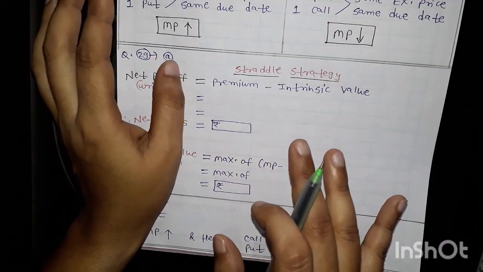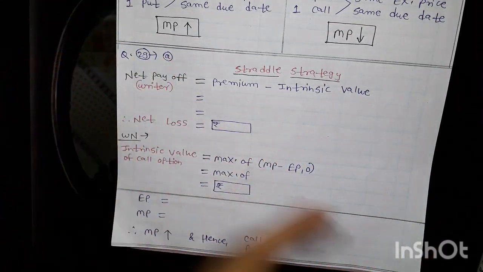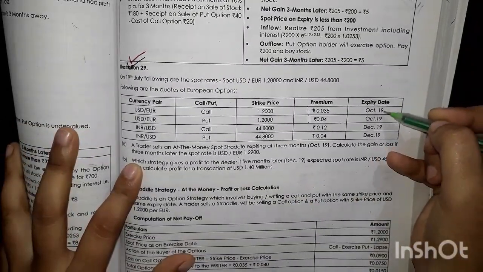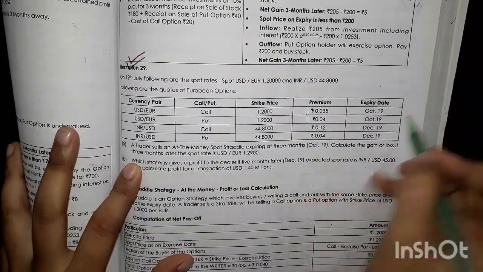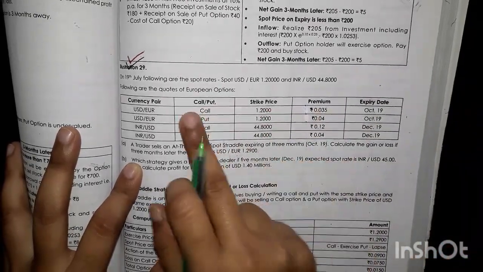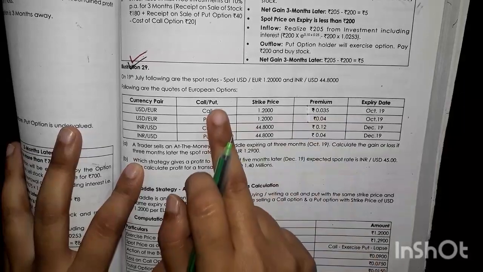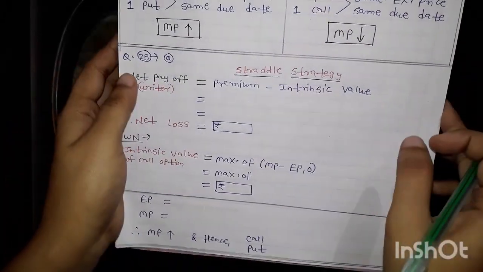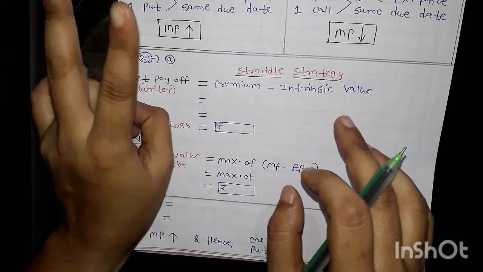First of all, we are using these two because October 19 means this date, so just concentrate on this, because one call and one put we are going to use. So there are a total of two types of premium.